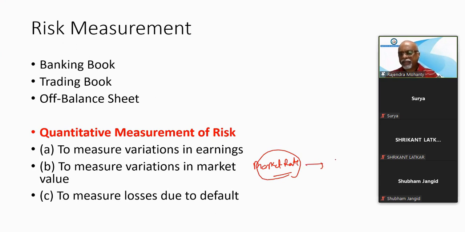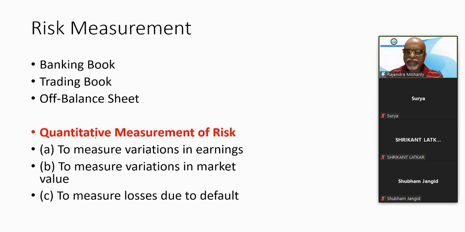What will happen? The security which the bank has purchased, the value of the security may go up or may go down. Whenever the value of the security is going down, it is a risk, so that has to be measured.